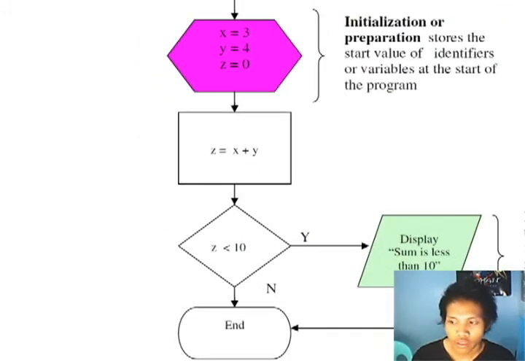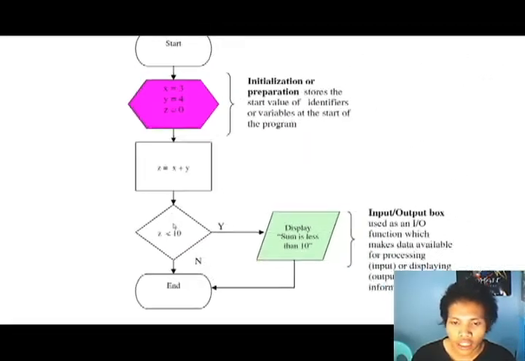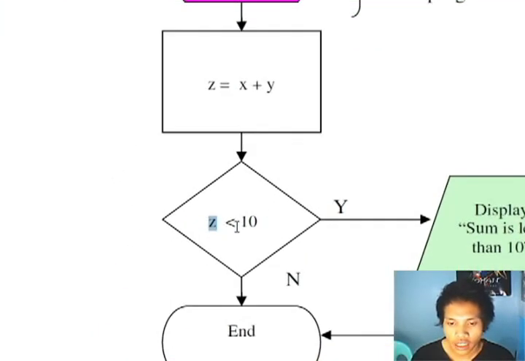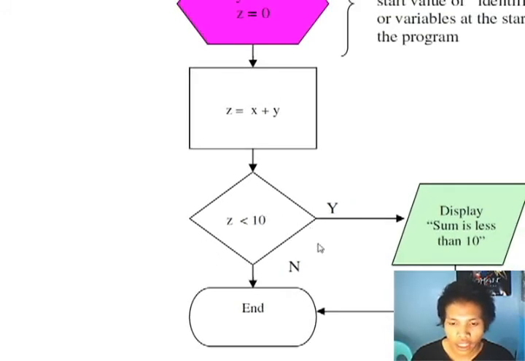Then our flow line is headed to a decision shape, which is z is less than 10. Our decision box has two ways. Number 1 is yes, and the second is no. If it is yes, then display sum is less than 10.